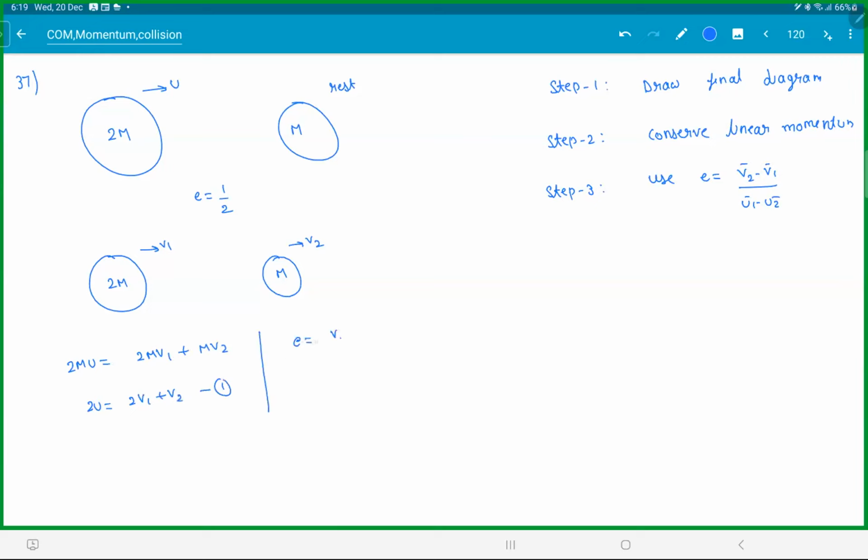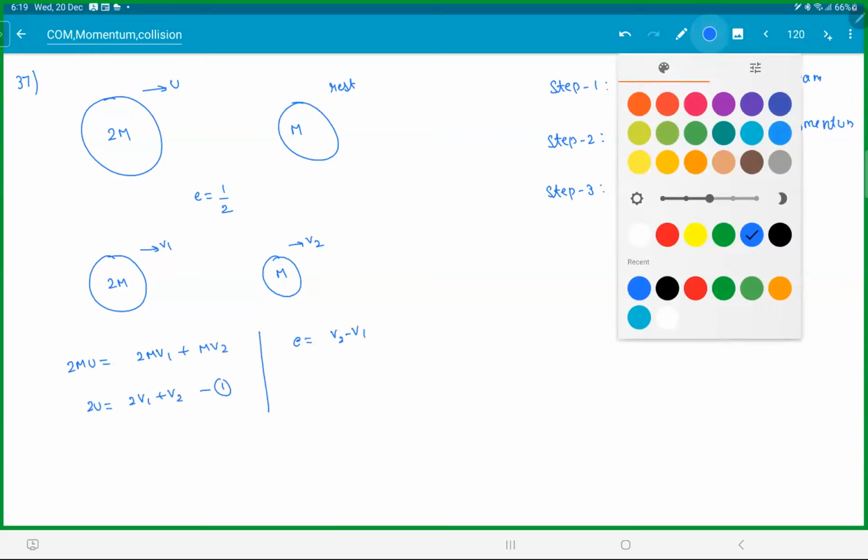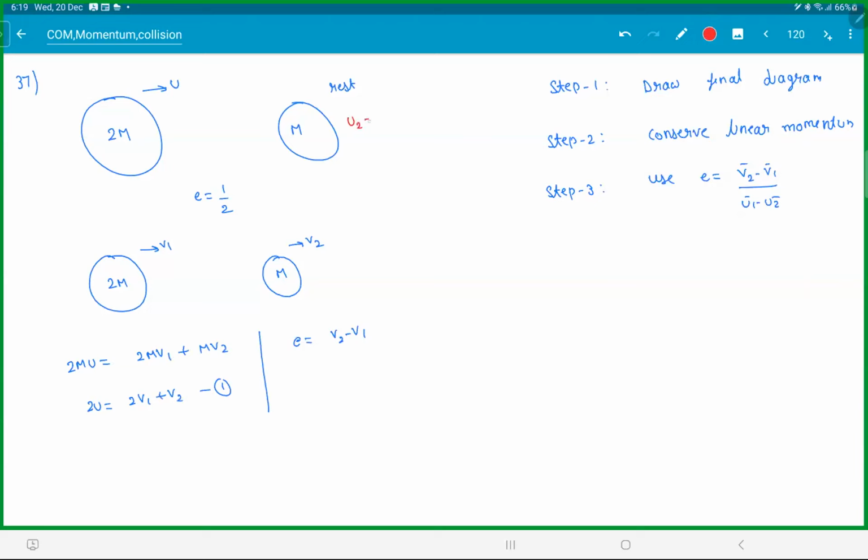Restitution: e is equal to v2 minus v1. Now here you're choosing this as 2, so u2 is 0 and this is u1. So u1 is u minus 0, and e is half. So v2 minus v1 is u by 2.